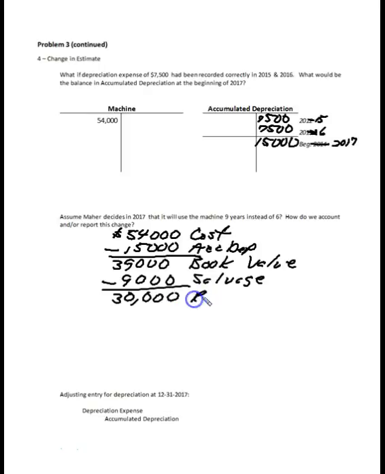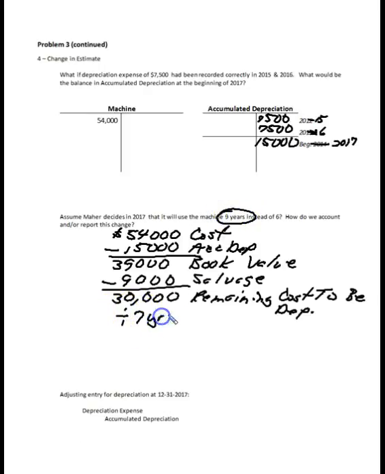And so here's our remaining cost that we haven't depreciated. So we still have remaining cost to be depreciated of $30,000. We've only depreciated 2 years. We estimate a total of 9 years. So there are 7 years left.